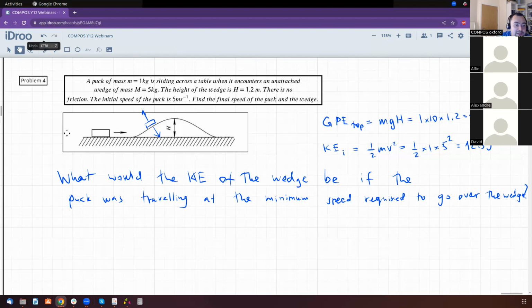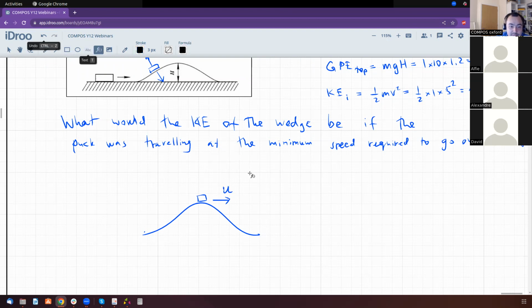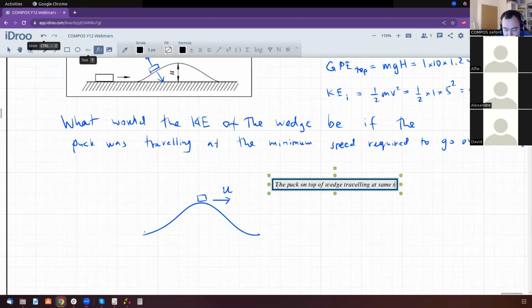Okay, so what would happen then? Well, I will tell you what would happen. You would see the wedge and the puck on top traveling at the same speed. Let's call it u. The puck on top of the wedge traveling at the same speed.